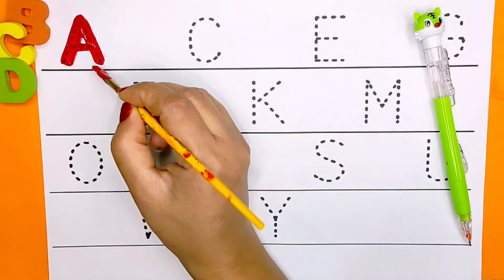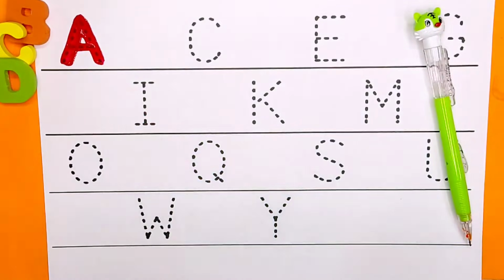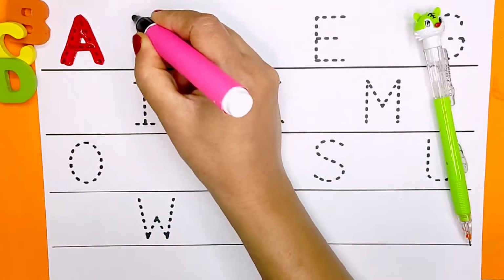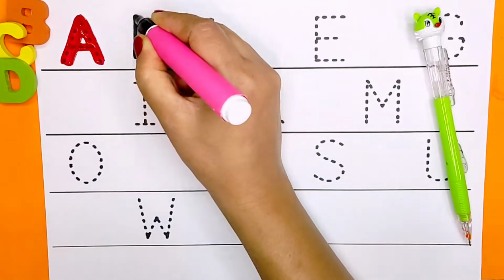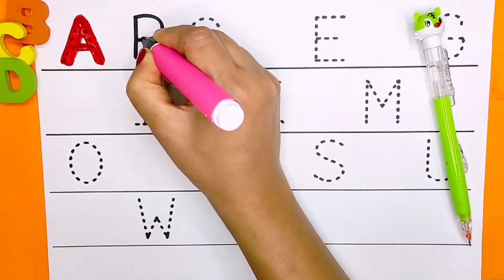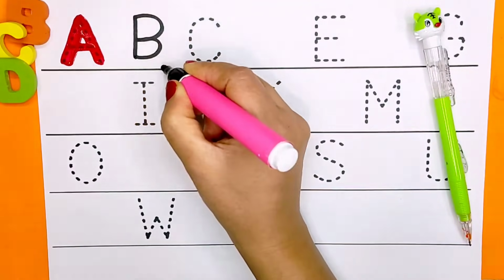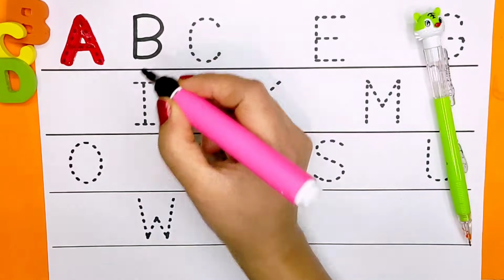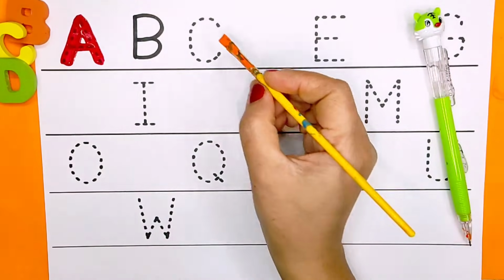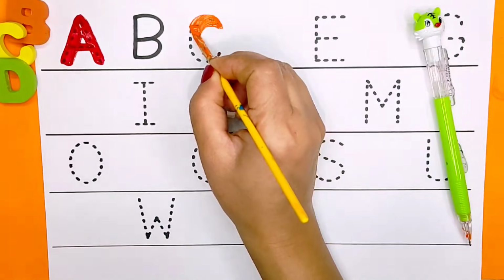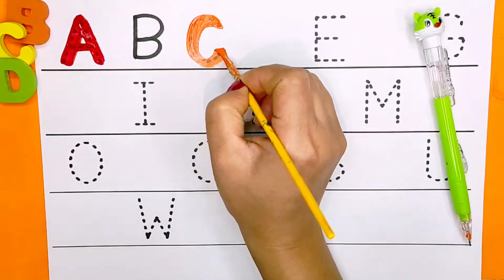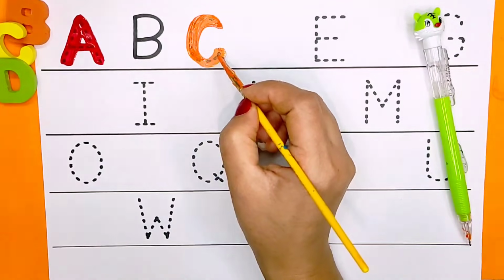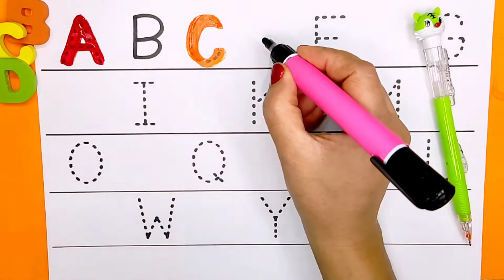A for apple. Missing letter. B for baby, orange color. C for cat, missing letter.